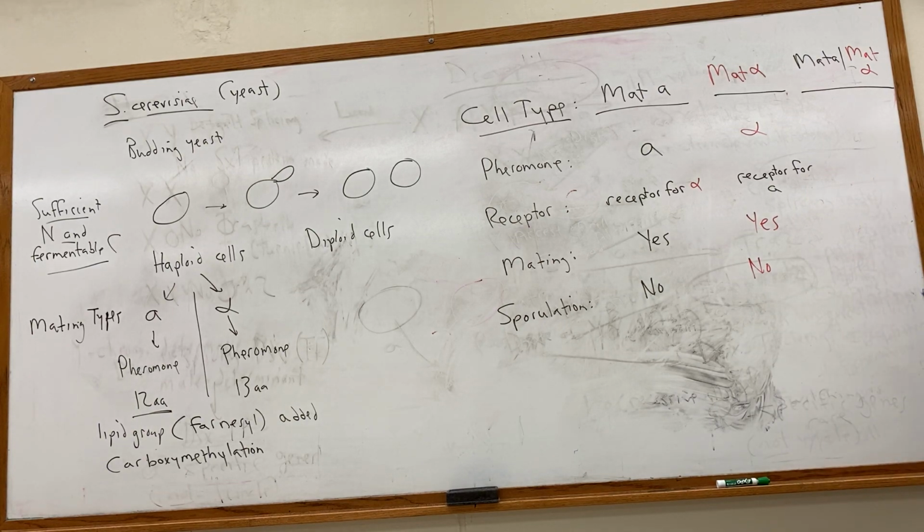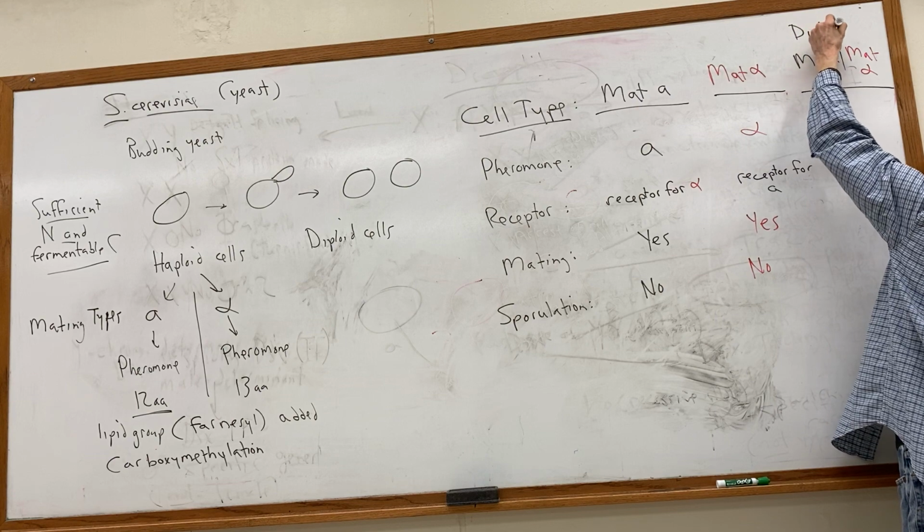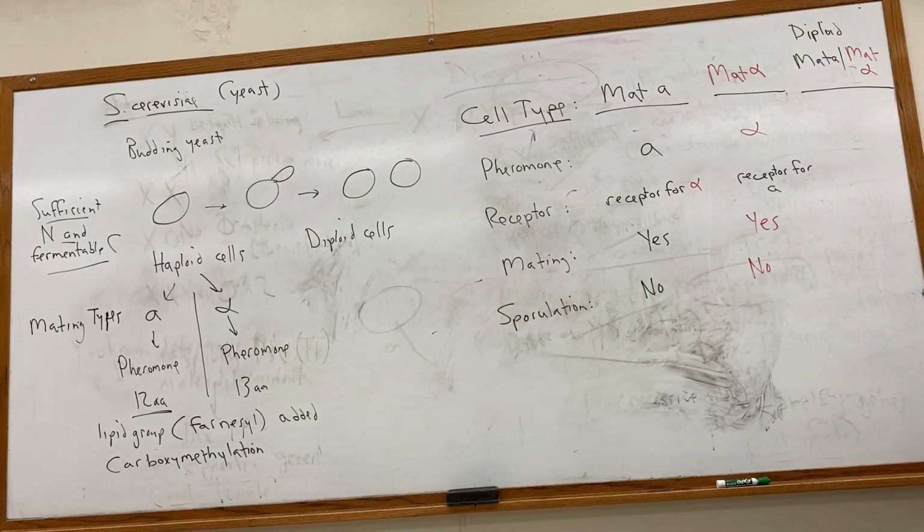Now the question is, what happens with the diploids? So just as a reminder, these guys are diploid. Okay, so first of all, can a diploid sporulate? Yes. Can a diploid mate? No. And the reason for that is, does a diploid make a pheromone?